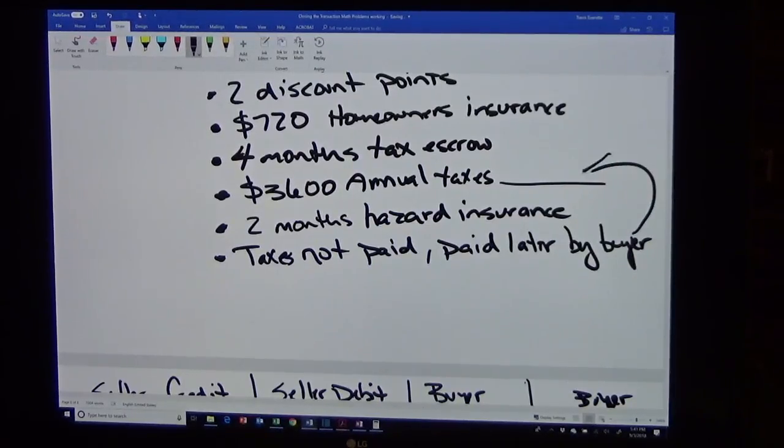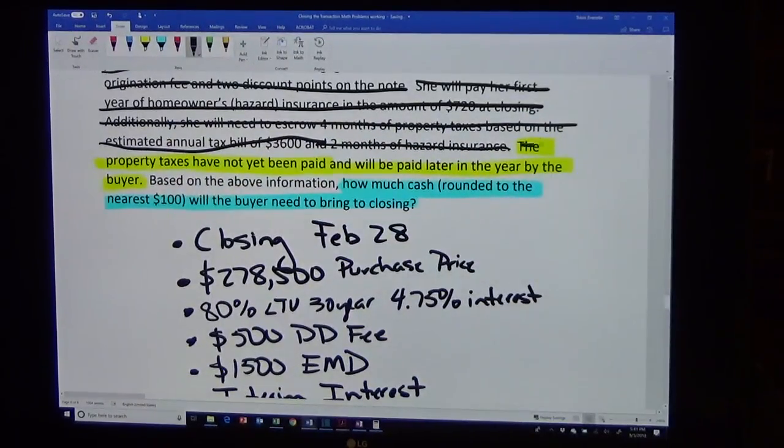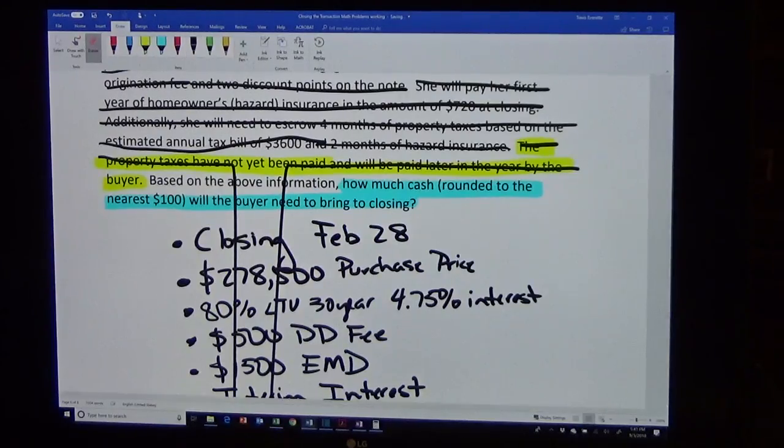And I know that goes with this line right here. Okay, the $3,600 annual taxes have been paid later by the buyer. That's all basically one point together. Okay? Alright, so we can mark that out. Get rid of this crazy line that it just put in there.